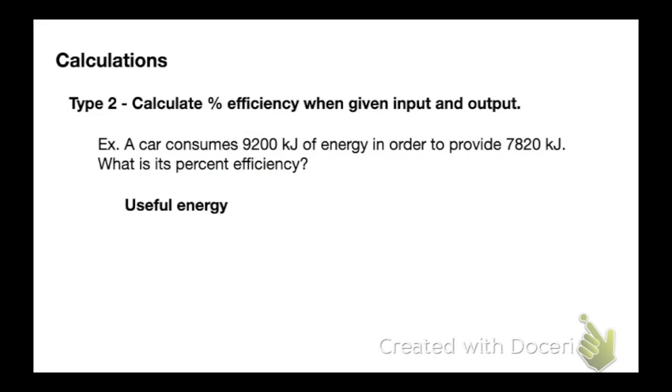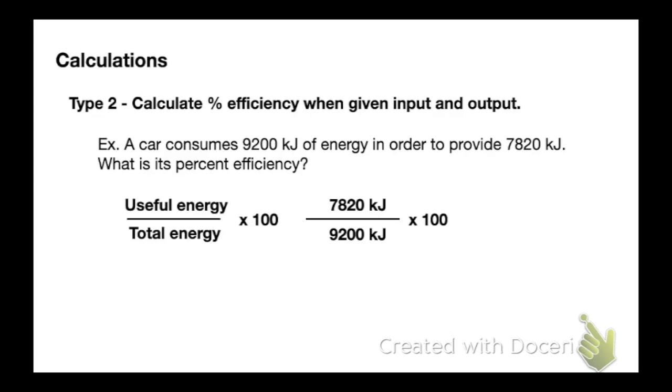I take useful energy divided by total energy times it by 100. All right, so what's useful energy? That's my output energy. So 7,820 is useful divided by total 9,200 times by 100 equals 85.